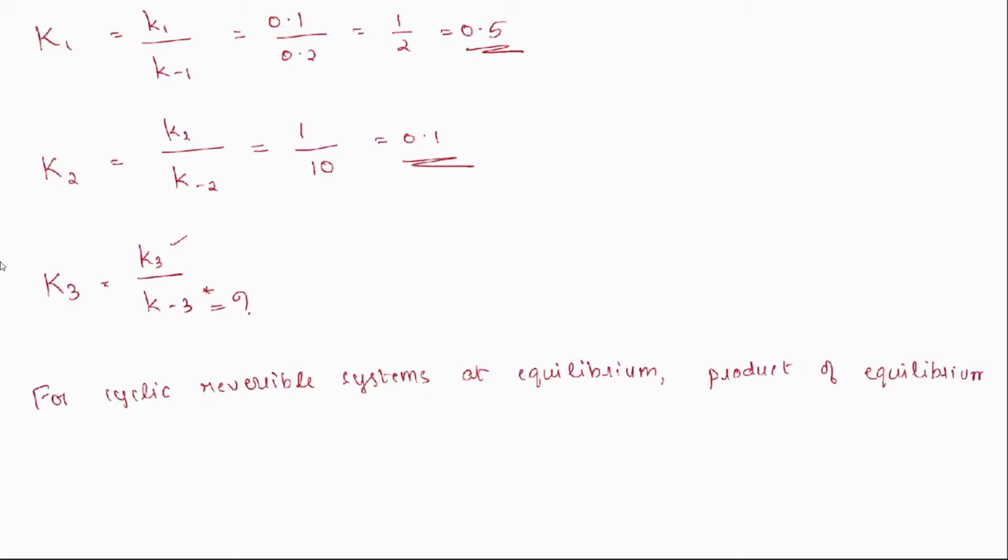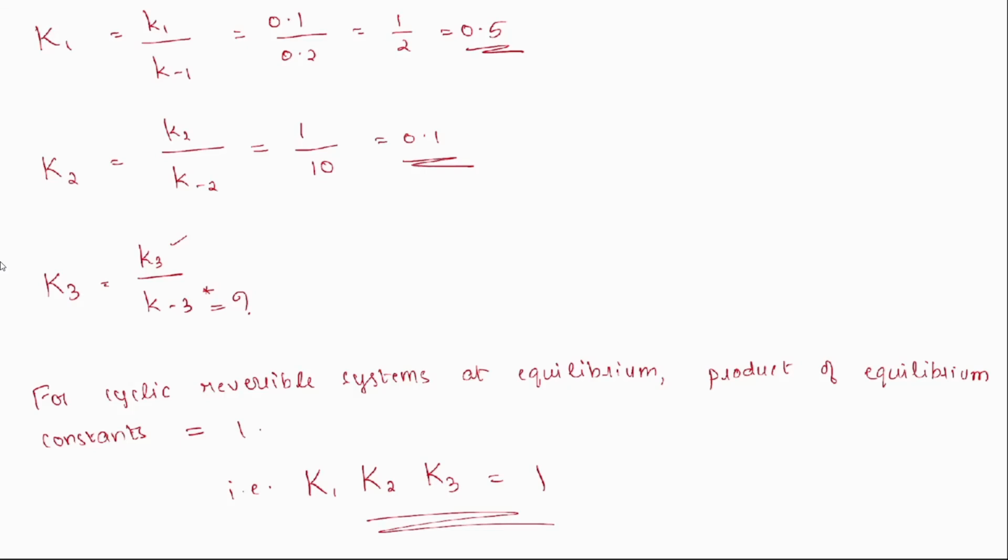This is something we need to remember for cyclic reversible systems at equilibrium. That means the product of K1, K2 and K3, the equilibrium constants, will be equal to 1. Here again, repeating, the product of equilibrium constants for all the reactions included in a cyclic reversible system which is at equilibrium will be 1.